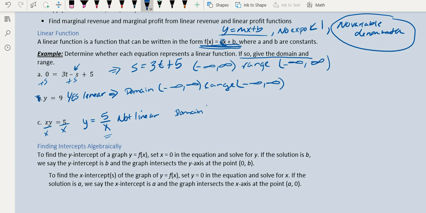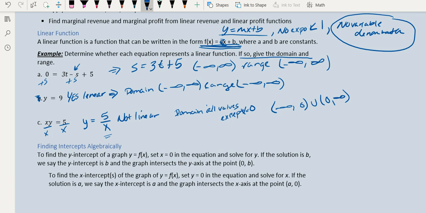So I can say all values except 0. But the way I write it in interval notation would be from negative infinity to 0, union 0 to infinity. We can discuss the nitty gritty of that a little later in our semester.